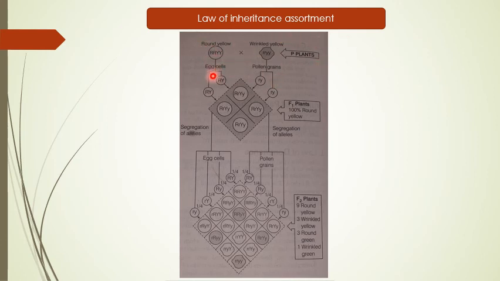They are cross-pollinated and give 100% round yellow. With segregation of alleles, they give egg cells and pollen grains, and when further self-pollinated they give a second generation of round yellow, wrinkled yellow, round green and wrinkled green.